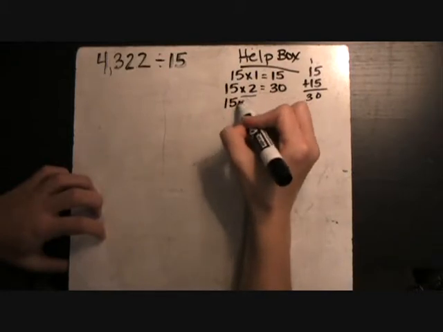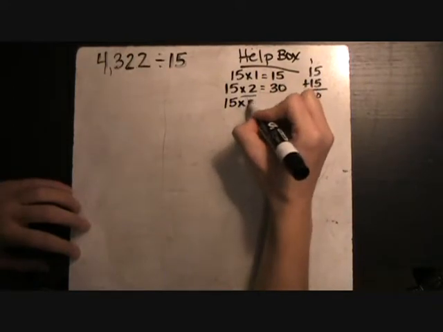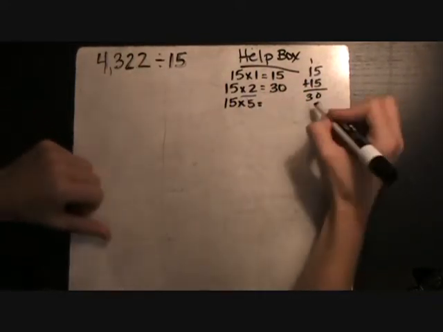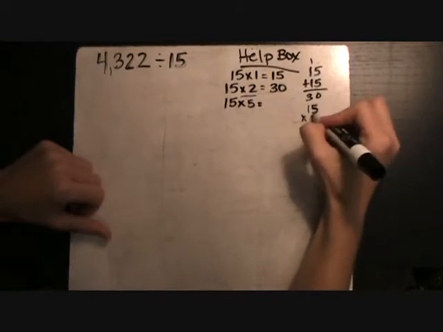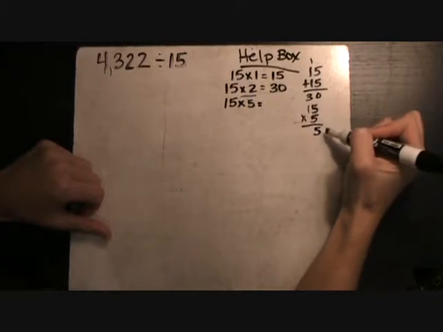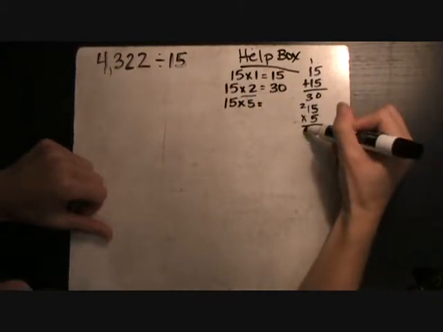Now, I could do 15 times 3, 15 times 4, but I don't necessarily know my 3s or 4s. I do know most students find 5s to be easier to work with, so I'm going to come over to the side and write 15 times 5. 5 times 5 is 25. I put my 5 down, I carry my 2. 5 times 1 is 5, plus 2 is 7.